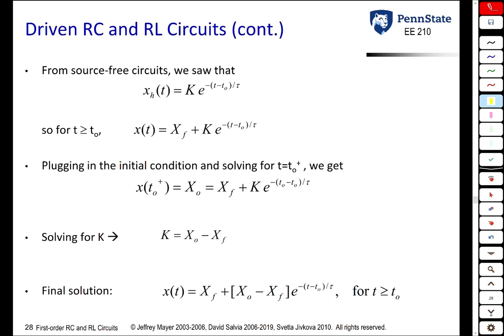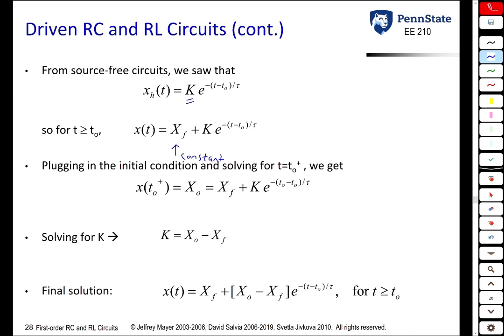All right, let's look at the equation a little bit. We know from before that the homogeneous response xh of t is always going to be some constant k times e to the minus t over tau. We also know that because we now have a forced response, our total response x of t is going to be the forced response x sub f, which is just a constant, plus k times e to the minus t over tau.